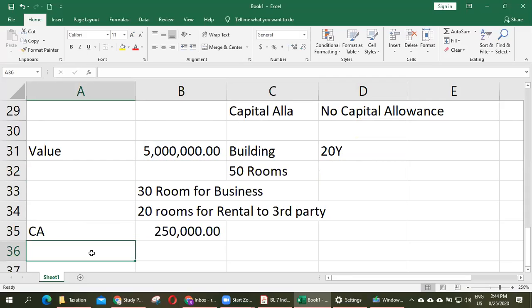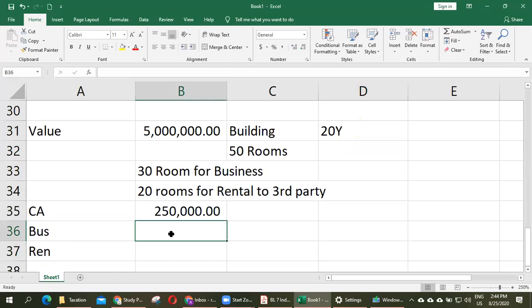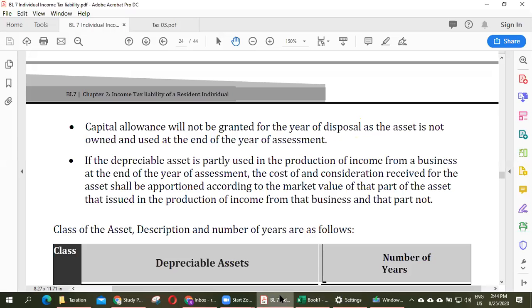Out of this 250,000, for business purpose and rental investment, for business purpose we can allocate only 60%, so we can charge capital allowance of only 150,000 for that business. So that's the fact they explained here.